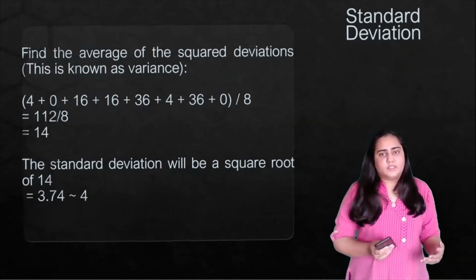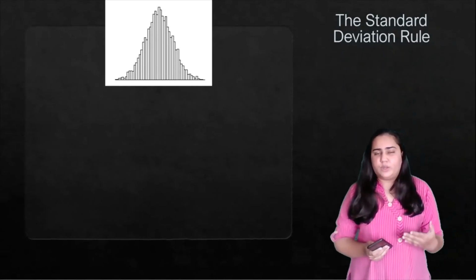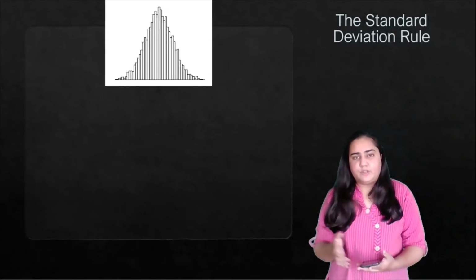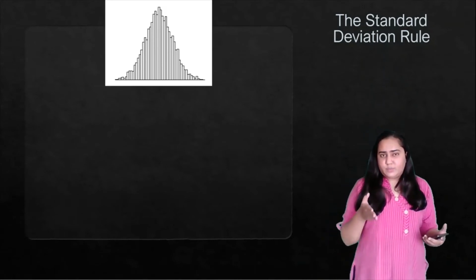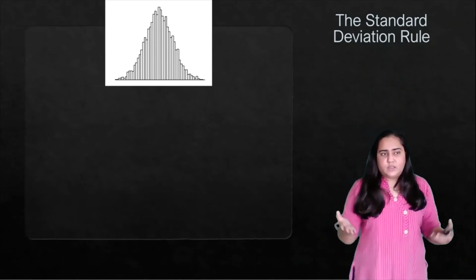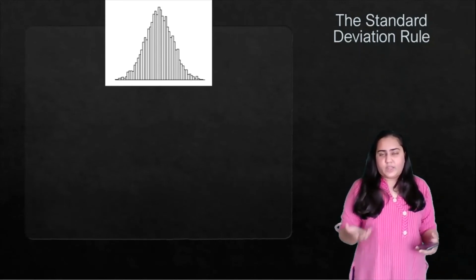Now, what exactly does a standard deviation mean? When I say that it is 4, but the average is 9, 9 is the measure of center. That means there were 9 people visiting on an average every hour.